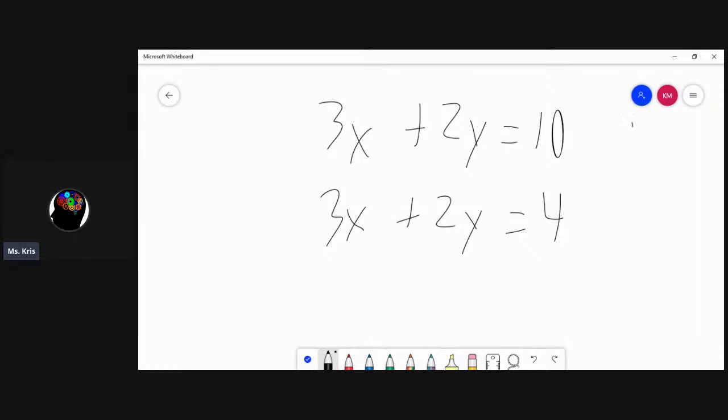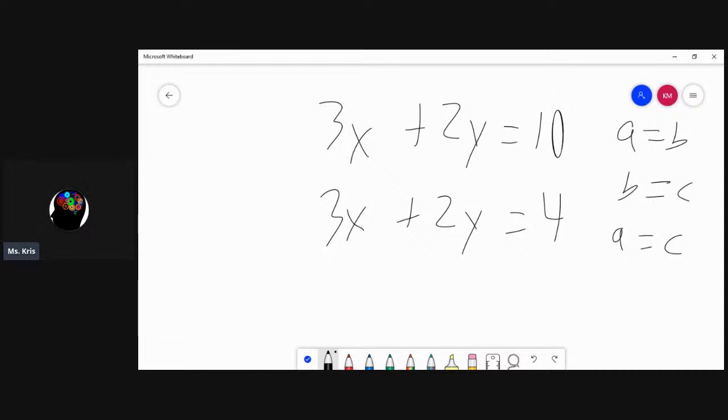To know that it's a no solution, remember if A equals B and B equals C, therefore A should equal C, right? Well, in this scenario, B is the 3x plus 2y.